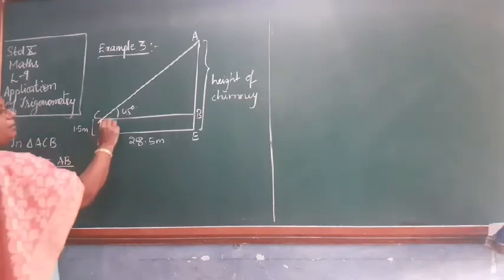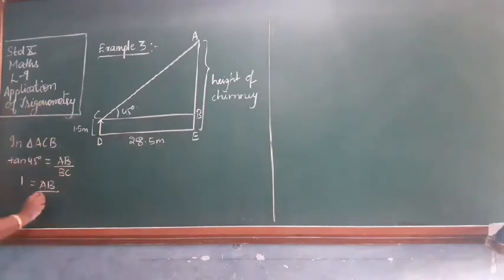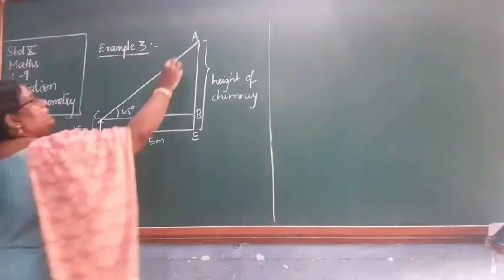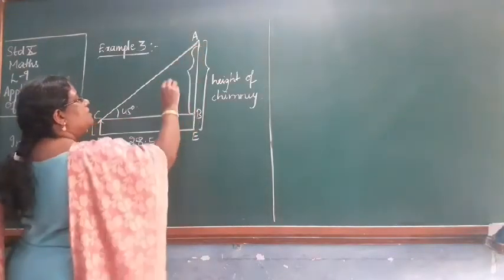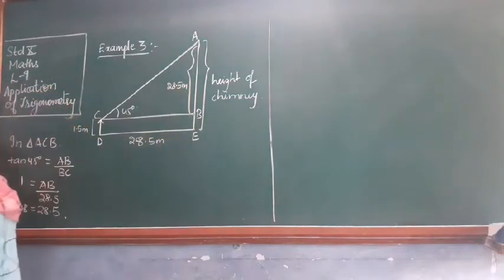BC is the same as 28.5. So you get AB is equal to 28.5. That means this length I have got as 28.5 meters.